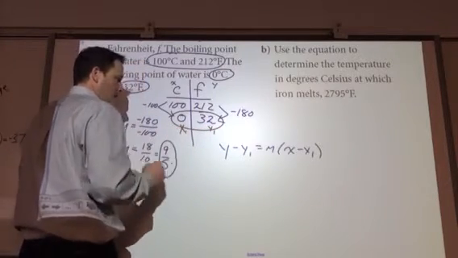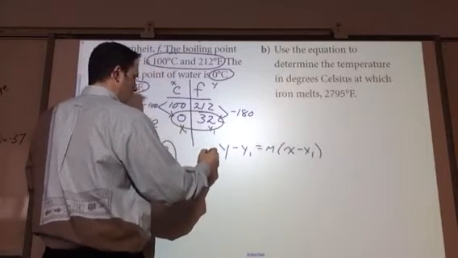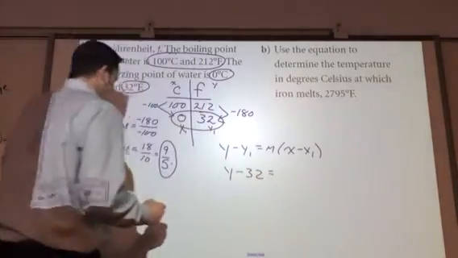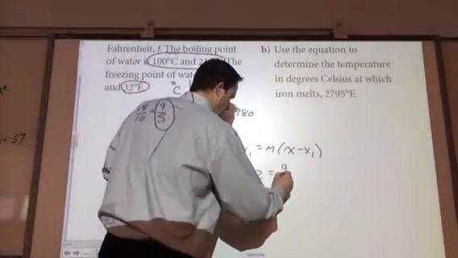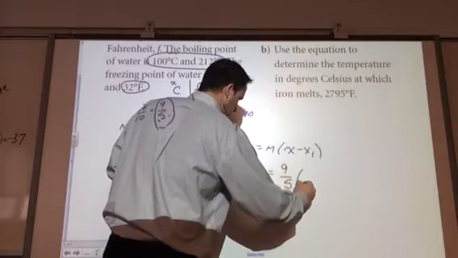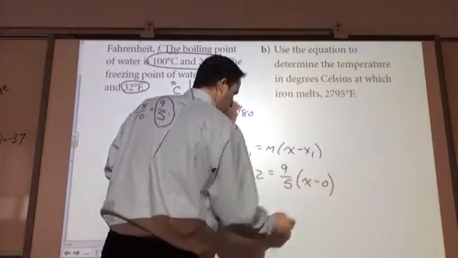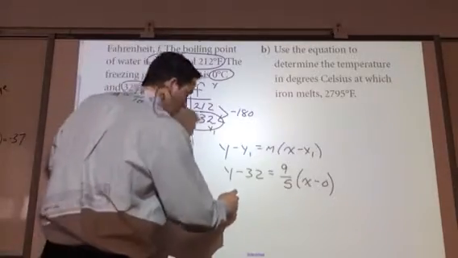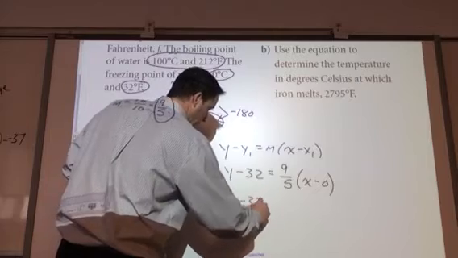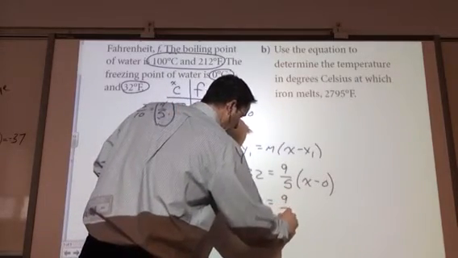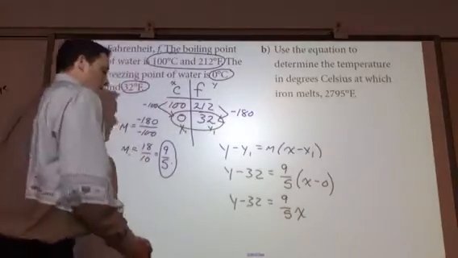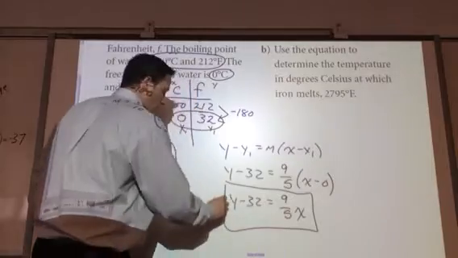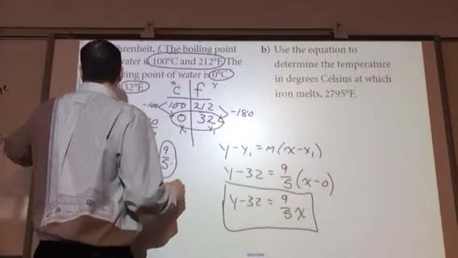That's an x. So y minus 32 equals 9 over 5, x minus 0. This is kind of nice because it's going to simplify really easy. y minus 32 equals 9 over 5 x. There's our linear equation in point-slope form.